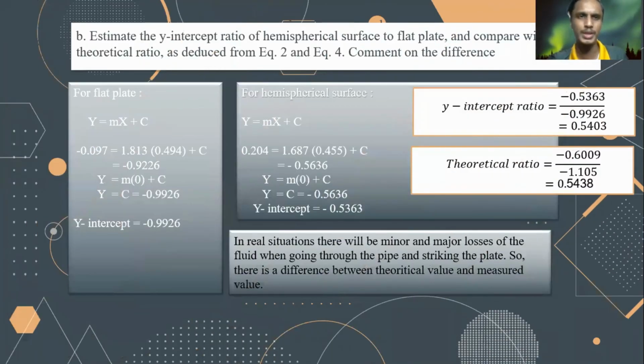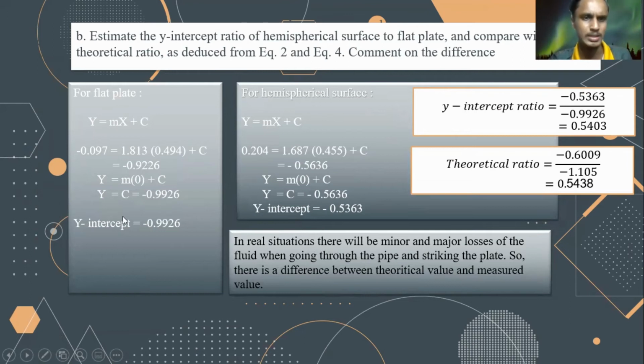For B, estimate the y-intercept ratio of hemispherical surface to flat plate and compare with the theoretical ratio as deduced from equation 2 and equation 4. Comment on the difference. For the flat plate, y is equal to mx plus c. We substitute all the values and we get the y-intercept as negative 0.9926.